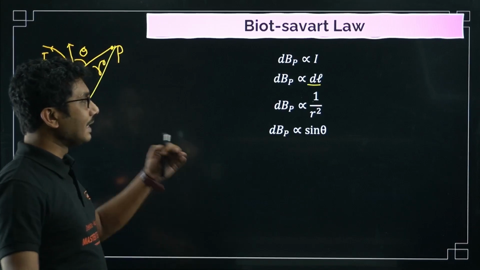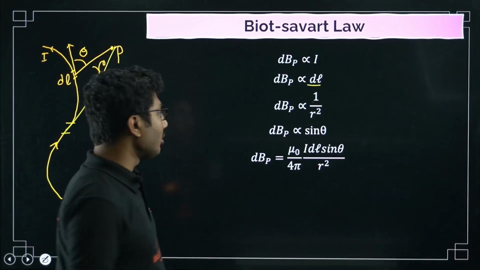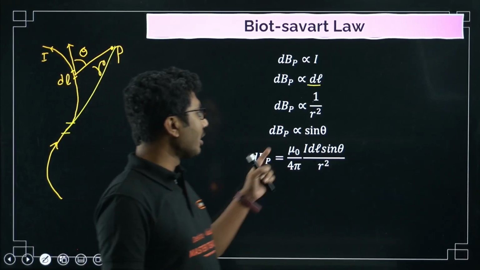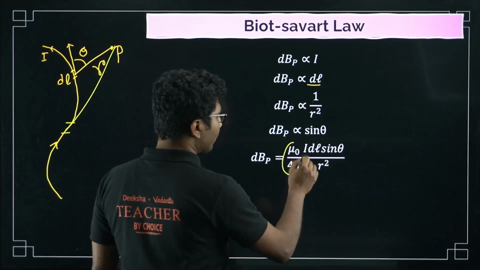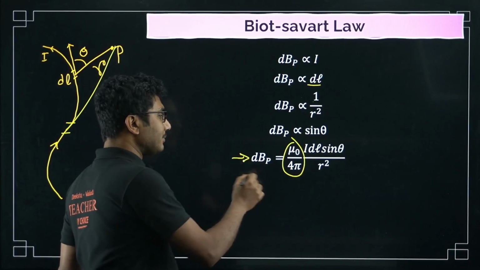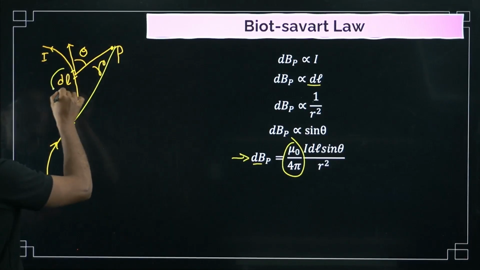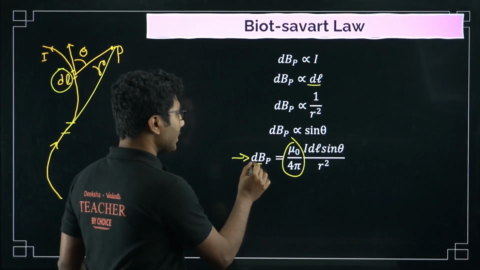Now what else? It is also proportional to the sine of the angle. If you combine all of the equations, you will get dBp equals mu naught by 4 pi times I dl sine theta by r squared, where mu naught by 4 pi is the constant that is always there. So this is the combined formula. And why is this dBp? Because this is due to a small element dl, so it is a differential dBp.